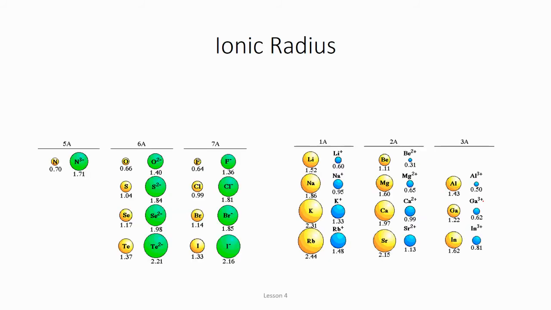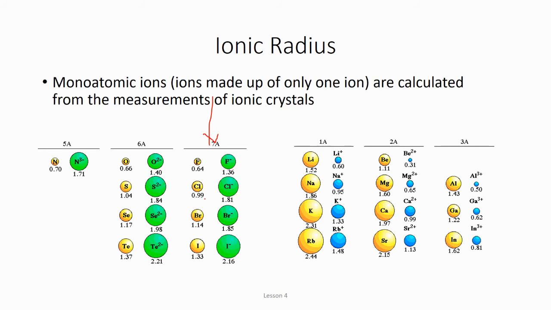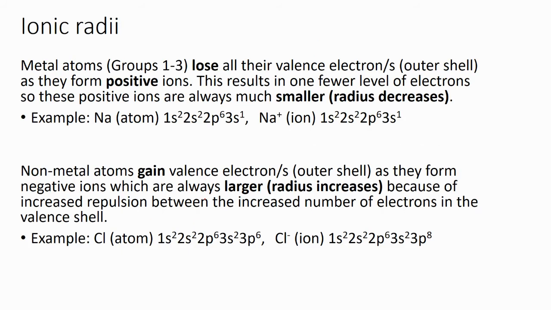So here are some examples. This is group 17. We've got fluorine going to fluoride, gaining electrons going into the same shell. So monatomic ions, ions made up of only one atom, are calculated from the measurements of ionic crystals. Okay, that's how they're written out. So metal atoms, groups 1 to 3, lose all their valence electrons or outer shell electrons as they form positive ions. This results in one fewer level of electrons.